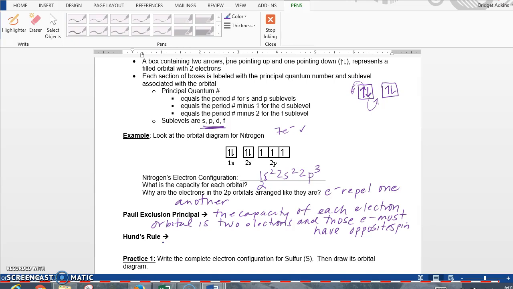All right, Hund's rule is the one that says, why do these electrons go single, single, single rather than pairing up? So what this one says is electrons will occupy empty orbitals within the same sublevel before pairing up.